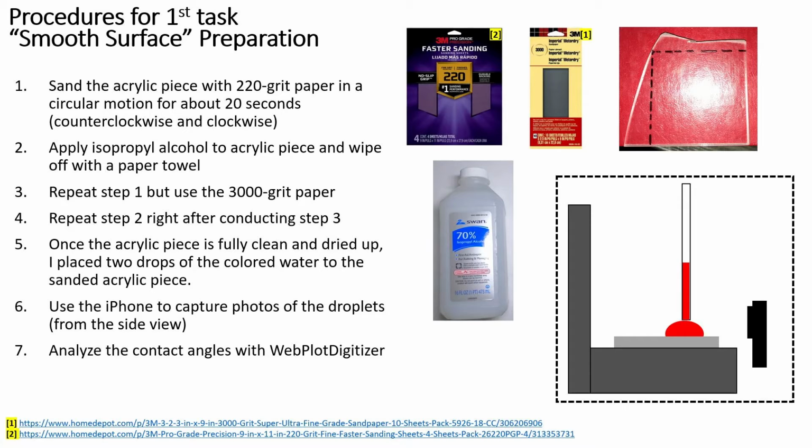Again, I did this for about 20 seconds, both counterclockwise and clockwise. After sanding with the 3000 grit sandpaper, I did the same as step 2, using the isopropyl alcohol to wipe off any residue left behind during the sanding process.